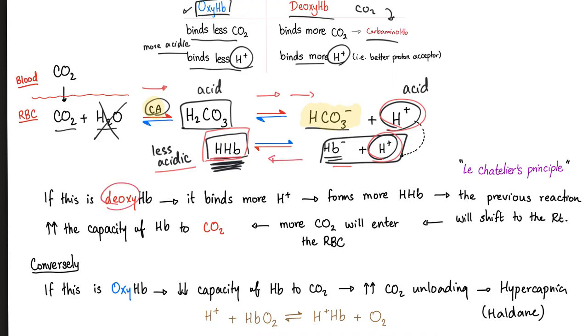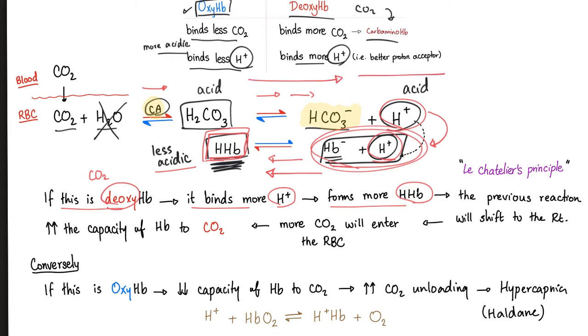This happens if it's a deoxyhemoglobin, which means CO2 is binding the hemoglobin. So, if it's a deoxyhemoglobin, it binds more protons and forms more HHB. Therefore, when the H becomes attached here and you get rid of the H by forming HHB, the previous reaction will shift towards the right.